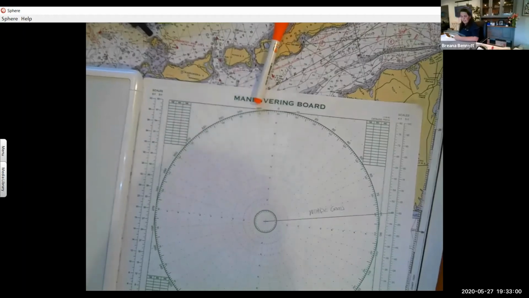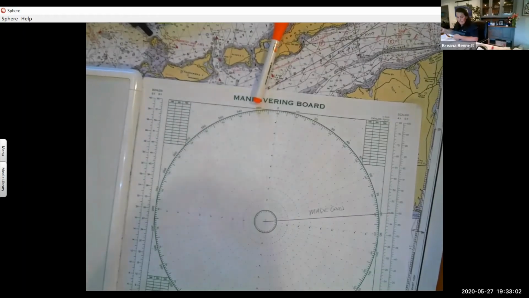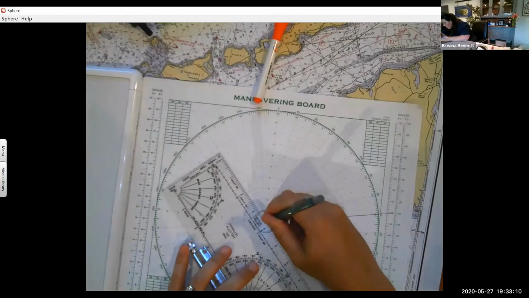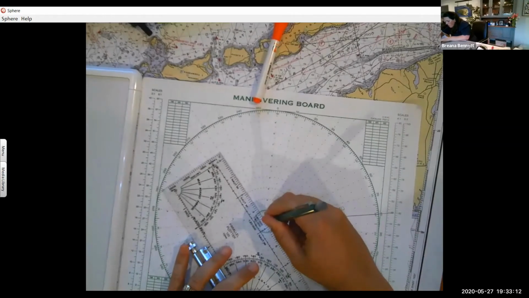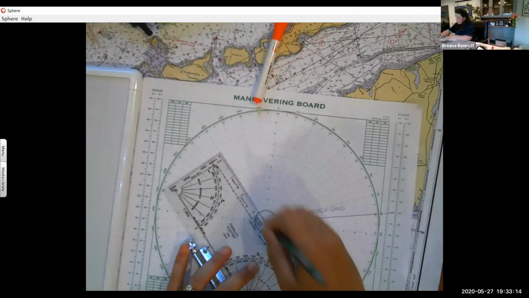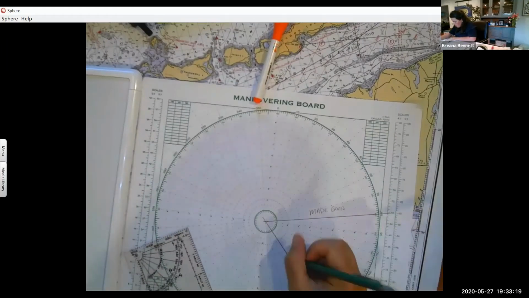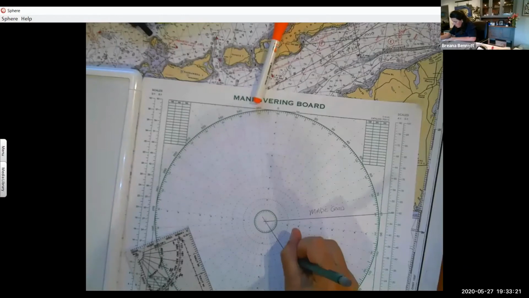And then I have a set with a beginning and an end to 140 at 4 knots.